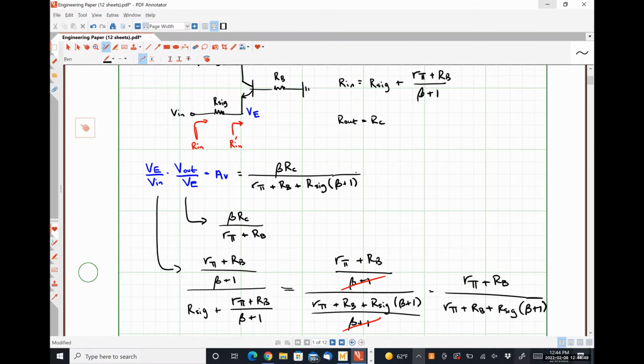So the last configuration that I want to look at is our fully biased common base amplifier.